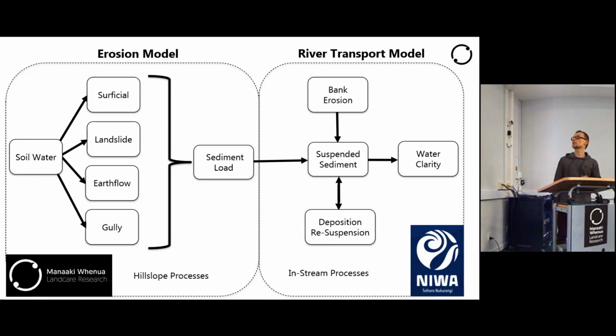Then we sum up those different processes at the Rec 2 catchment, and then we produce a load that, together with river flow, will be turned into a concentration. And Simon's work and Hugh's work contribute to the sediment quality part of it, so there's a breakdown in terms of particle size.